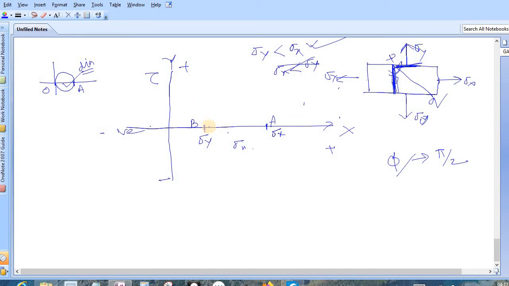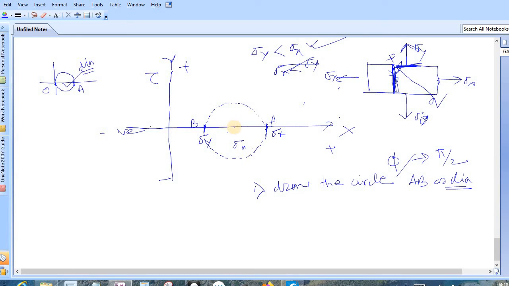Similarly here also, using AB as the diameter, we will make a circle like this. This is not a perfect circle. So our first step is complete: draw the circle by using AB as diameter.